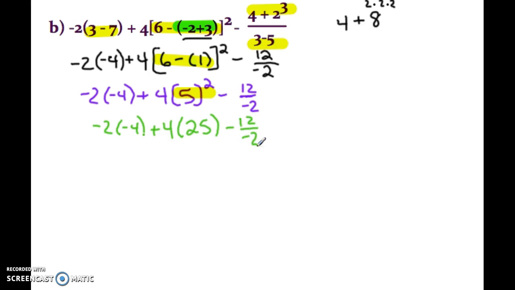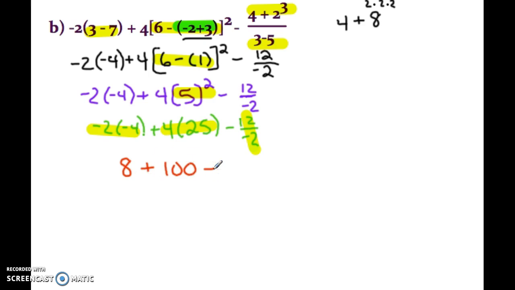So negative 2 times negative 4 plus 4 times 25 minus 12 divided by negative 2. All right, I'm ready to multiply and divide, and I'm going to do that from left to right. And again, I'm kind of going to shortcut this a little bit. This is multiply and divide, multiply and divide, multiply and divide. So I'm going to do that in order from left to right, but sort of all in one step. So negative 2 times negative 4 is positive 8. 4 times 25 is 100.